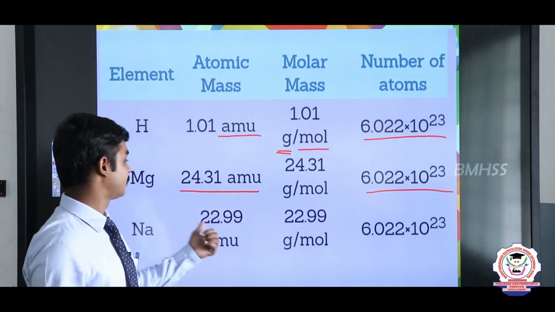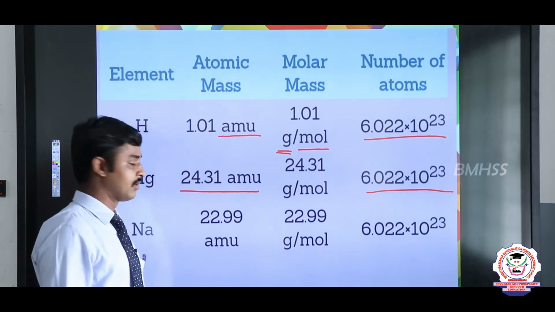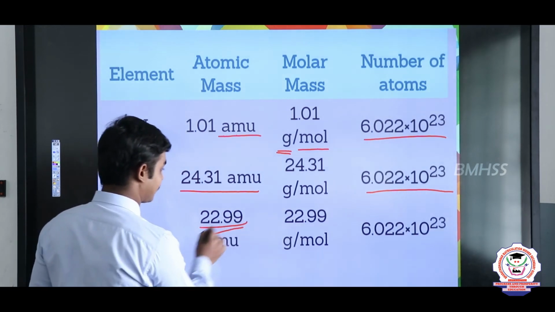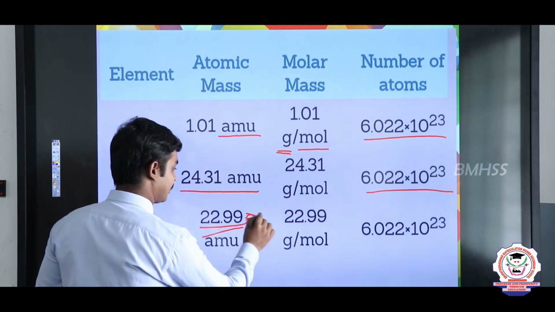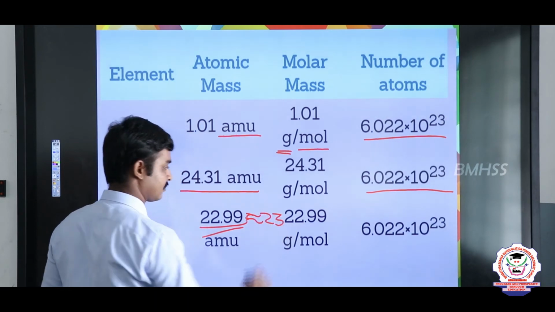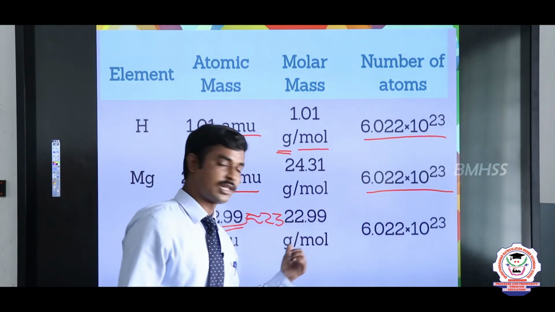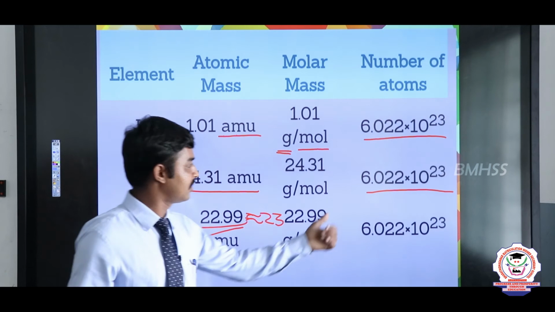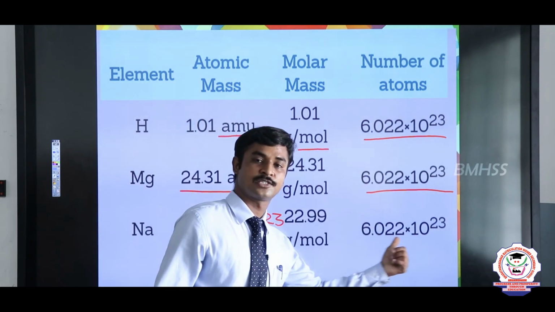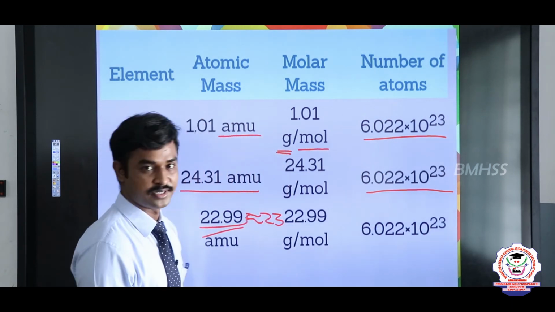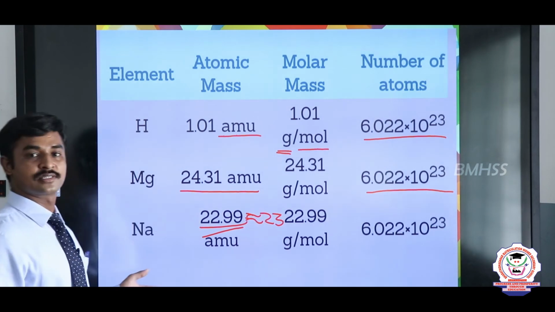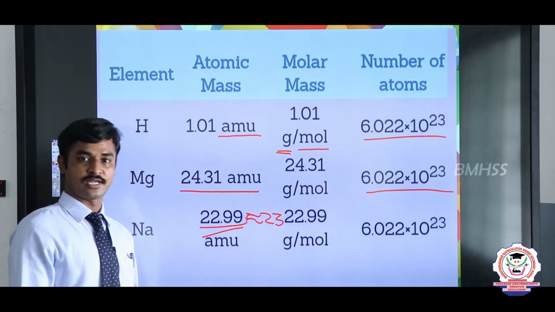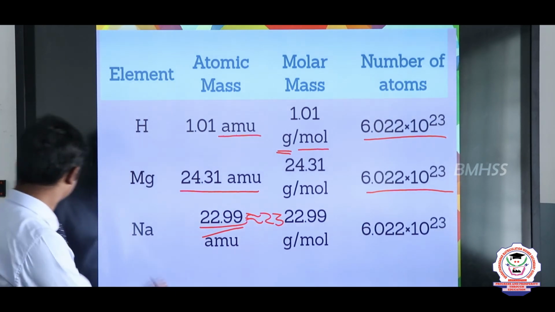For sodium, 22.99 AMU, when we round off this value, we can write it as 23. So, the molar mass is 22.99 gram per mole, and the number of atoms present is 6.02 into 10 to the power 23. These are the examples. It can be asked in the examination as a 1 mark question.